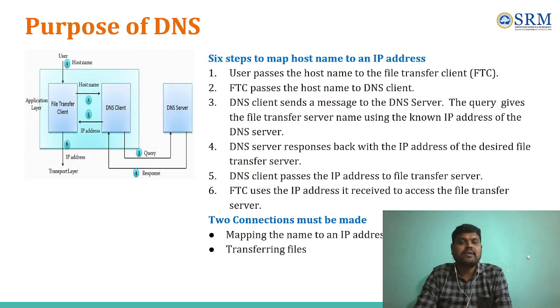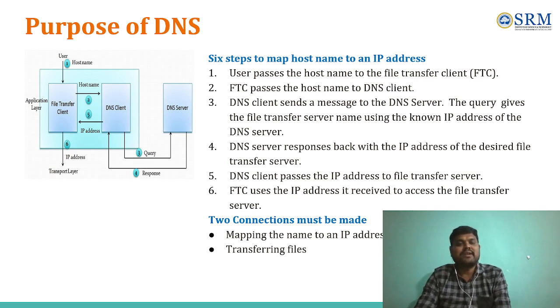There are a few steps to follow to provide a name to an IP address. First, the user has to pass a name to the file transfer client. Then the file transfer client forwards this request to the DNS client.